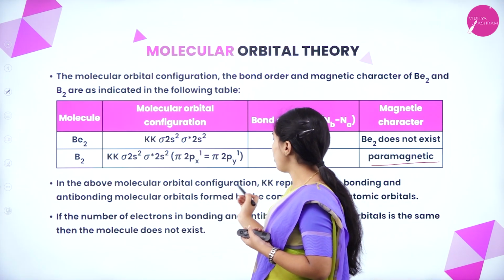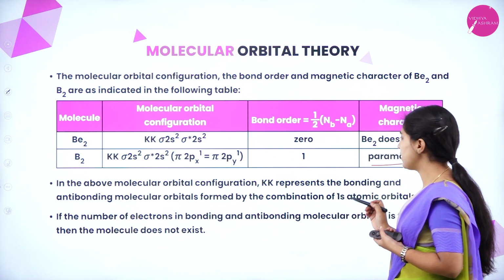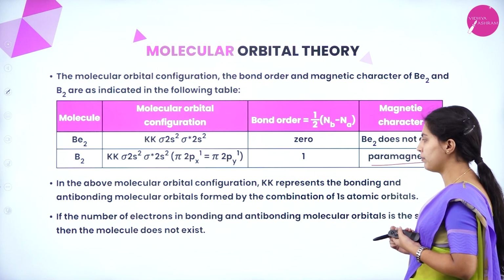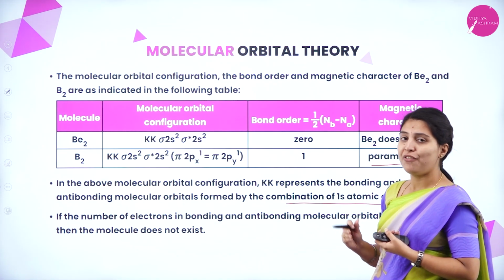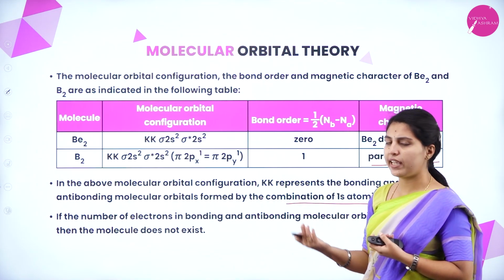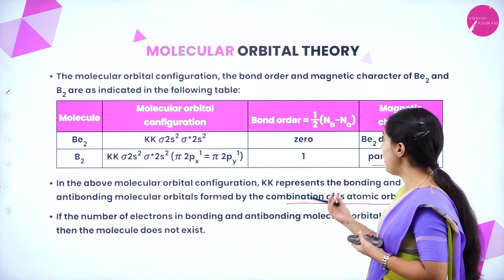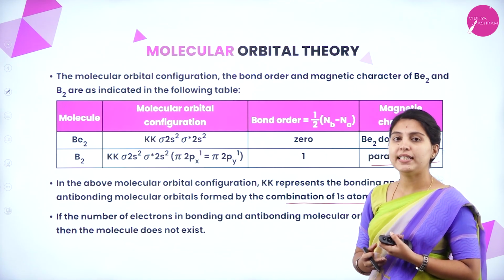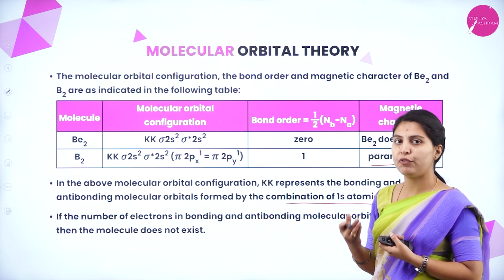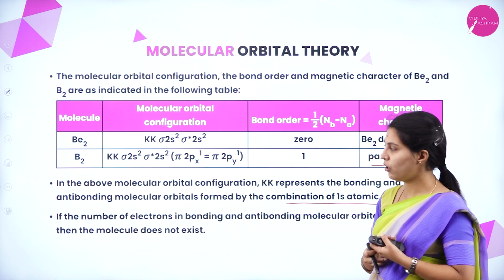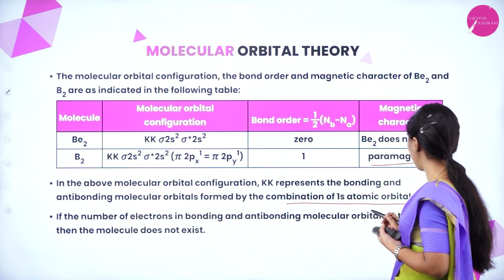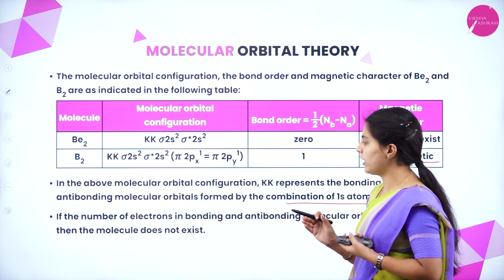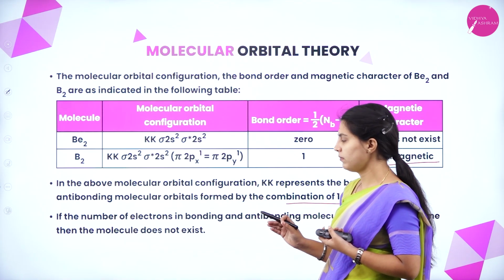In the above molecular orbital configuration, KK represents the bonding and anti-bonding molecular orbitals formed by the combination of 1s atomic orbitals. We are discussing the KK main level shells, how they are formed by the combination of 1s orbitals. From that they form bonding and anti-bonding molecular orbitals. If the number of electrons in bonding and anti-bonding molecular orbitals is the same, then the molecule does not exist.